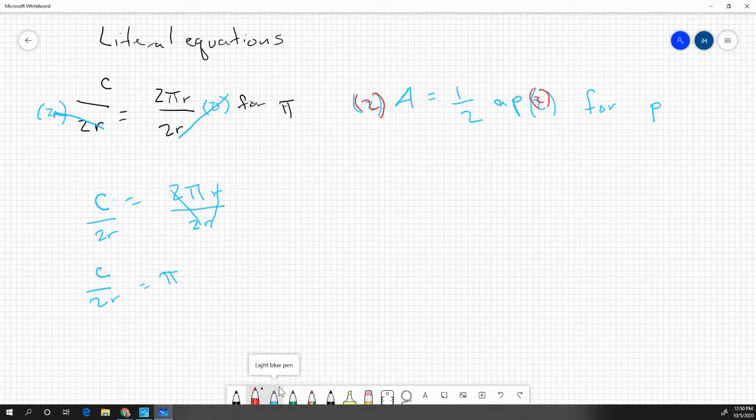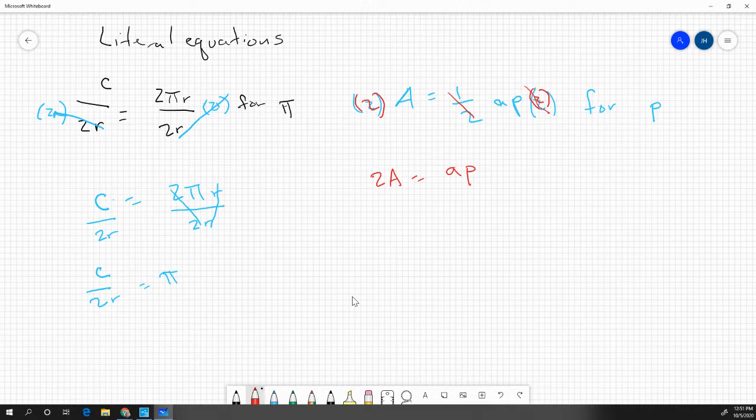And here I would have 2a equals, and this 2 is going to cancel out my 1/2, so equals little a p. Now the only thing that I have left attached to this p is that little a that's multiplied to it.